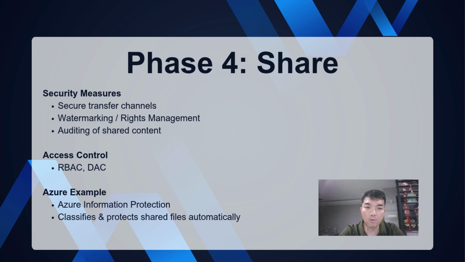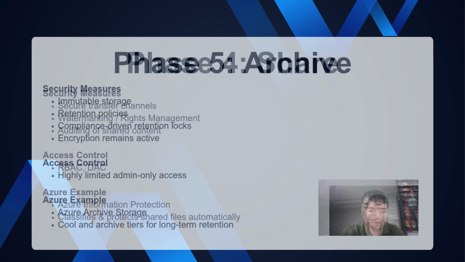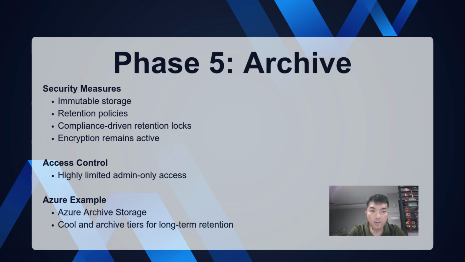Access control is normally managed with role-based access control, RBAC, or discretionary access control, with identity verification for recipients to prevent misdirection. The Azure example used for share is Azure Information Protection to classify and protect shared files automatically.